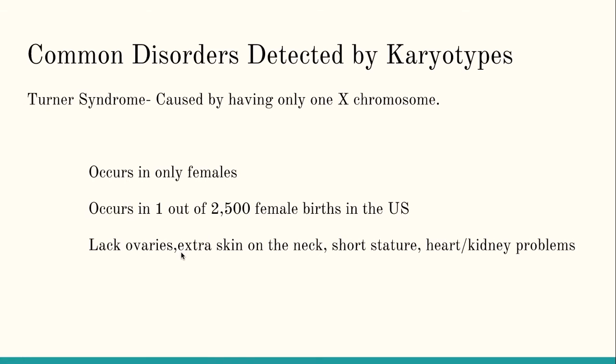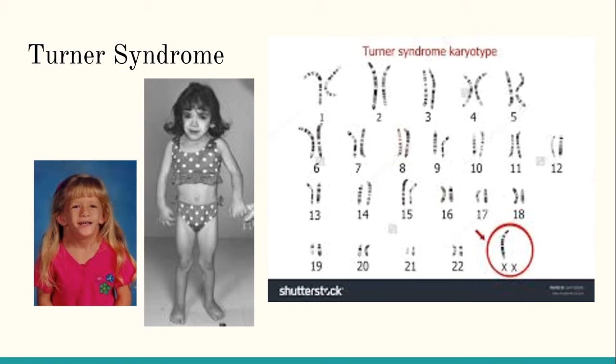It's called a web neck, which we'll see in the next slide. Generally, these individuals are shorter in stature. They're prone to skeletal abnormalities in their legs and their arms, and they are more prone to having heart and kidney problems. So here's a picture of the karyotype as well as 2 individuals who have Turner syndrome.